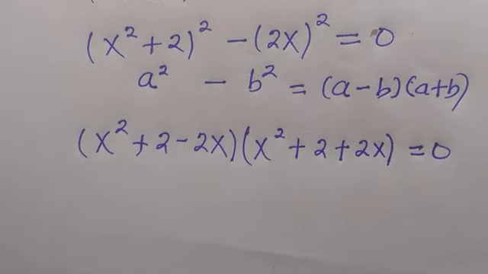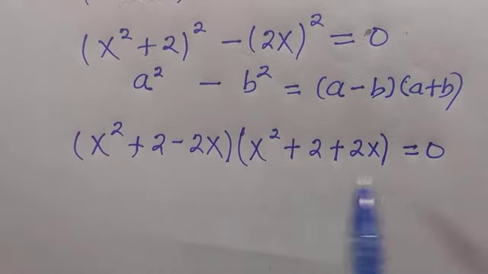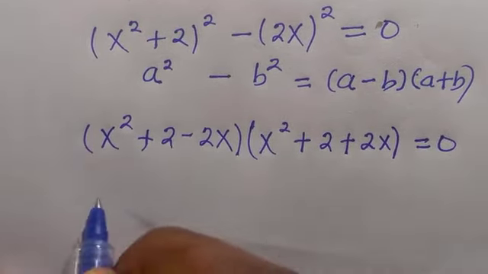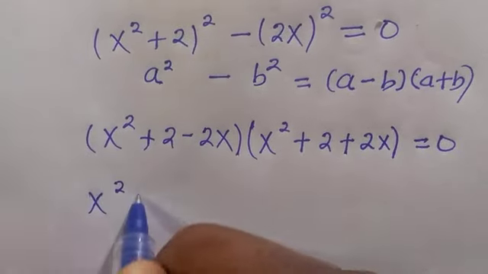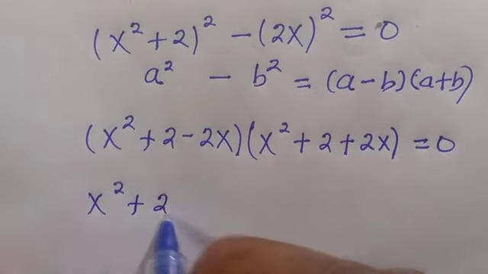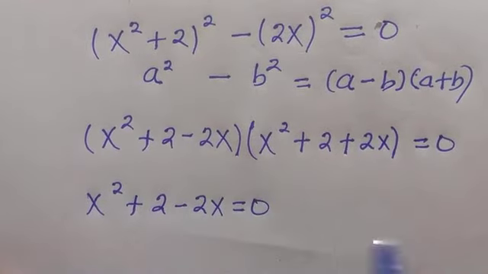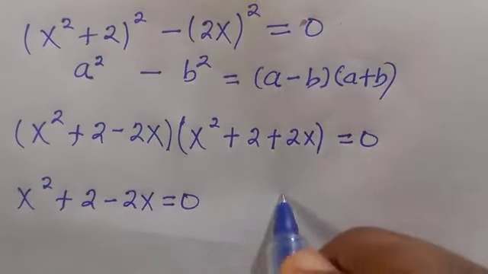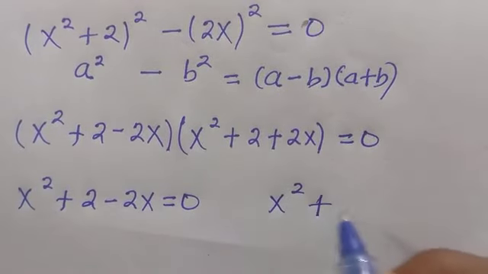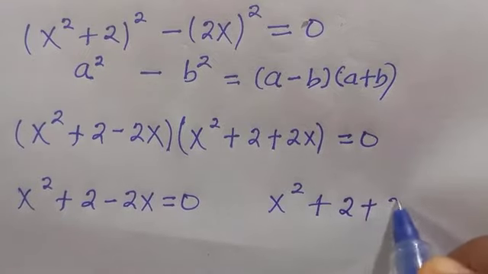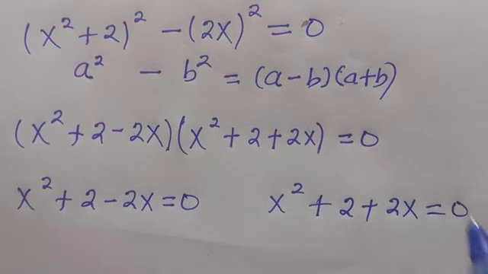And then by letting the first one equal 0 and the second one equal 0, we have x squared plus 2 minus 2x equals 0, and the second one is x squared plus 2 plus 2x equals 0.